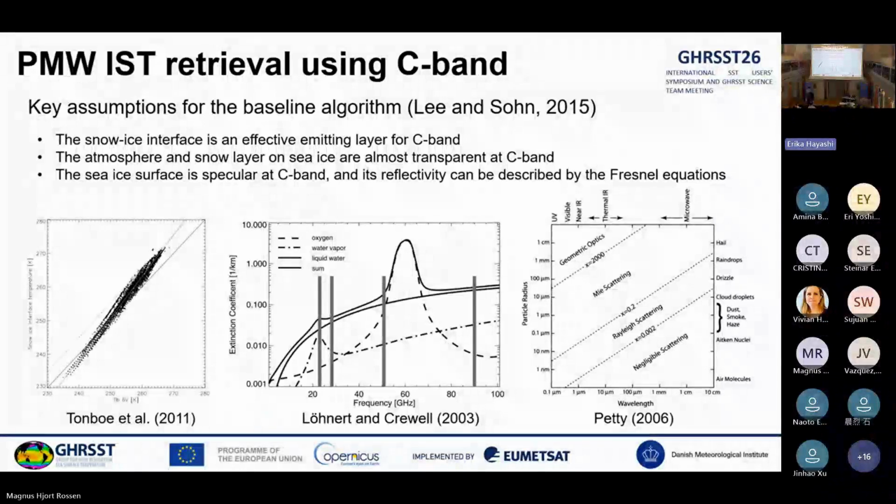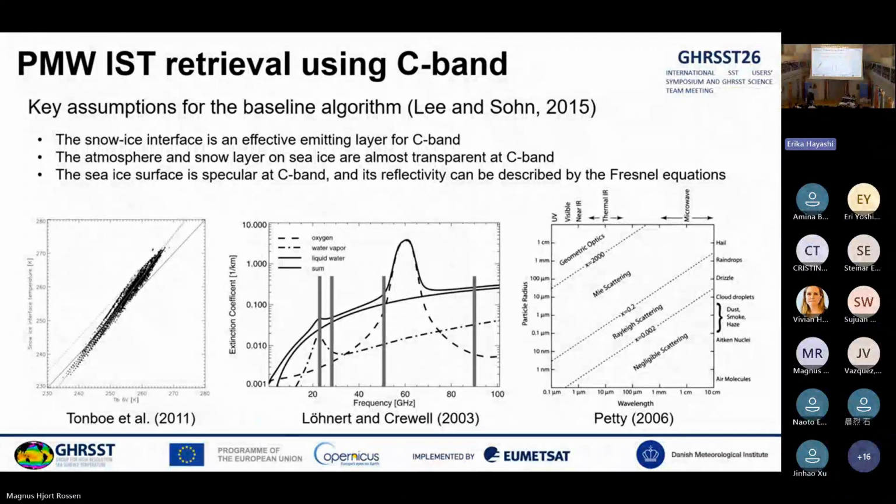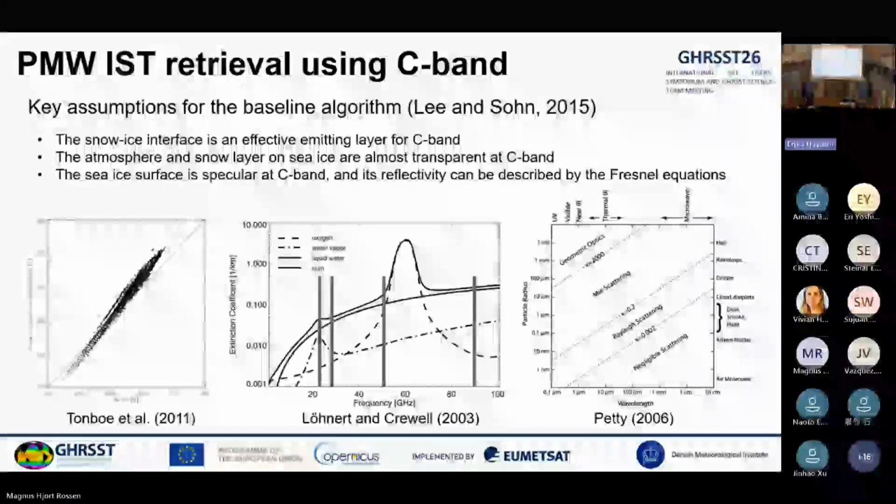The first assumption is that the snow-ice interface is an effective emitting layer for C-band. In the plot at the bottom left, the x-axis is the brightness temperature of C-band observation, and the y-axis is the emitting layer temperature for C-band. You can see they are very highly correlated, with an almost one-to-one relationship. That is the theoretical basis of retrieving IST from microwave C-band.